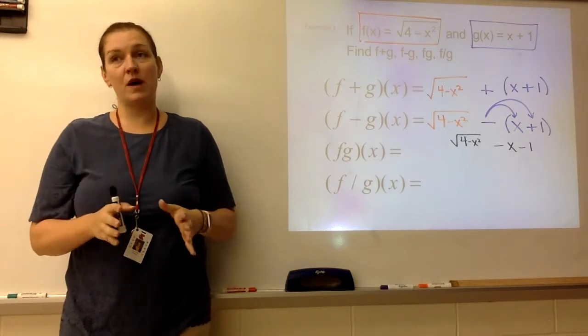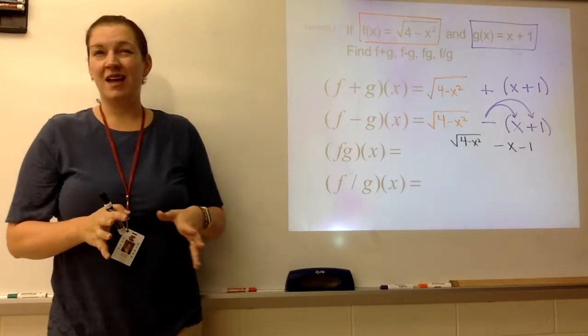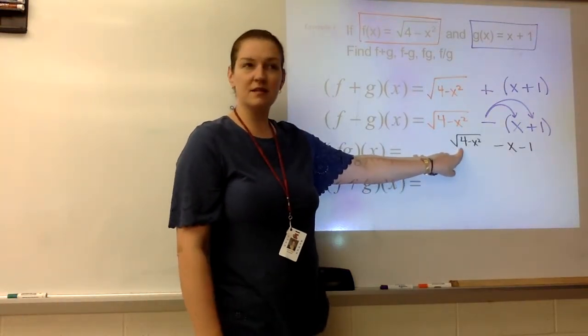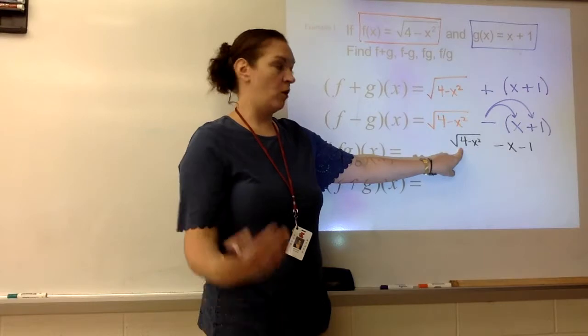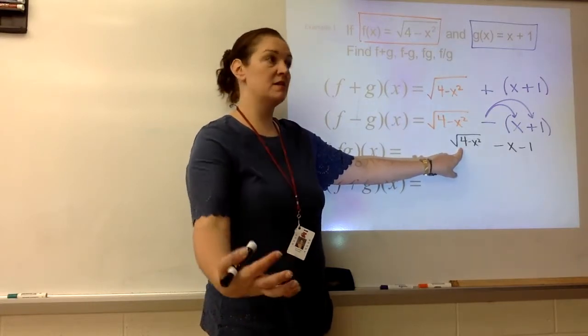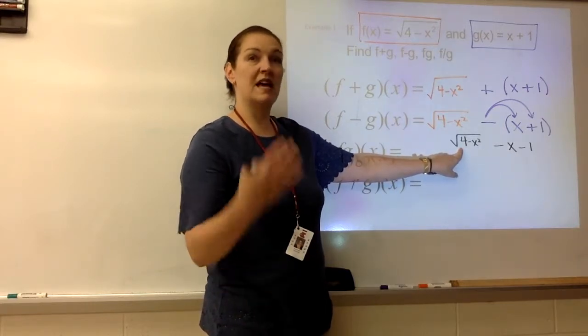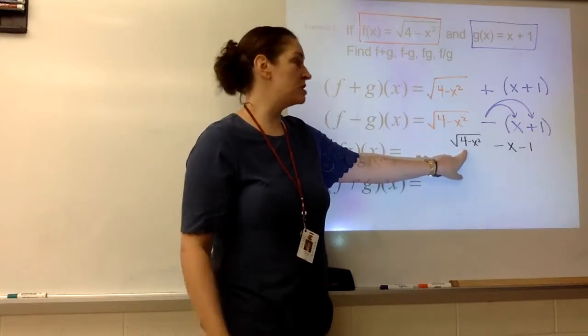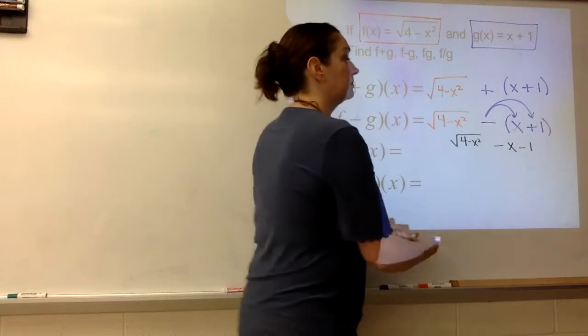Now I have to ask the question, I've been doing this a long time, is there anybody that says, Mrs. Gomer, why isn't that just 2 minus x? It's a square root. 4 is a perfect square, x squared is a perfect square. Does that sound like that would be correct? Here's my question. What does 4 minus x squared factor into?